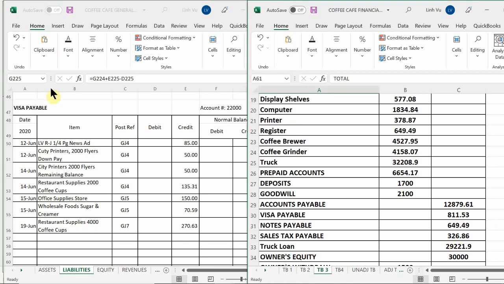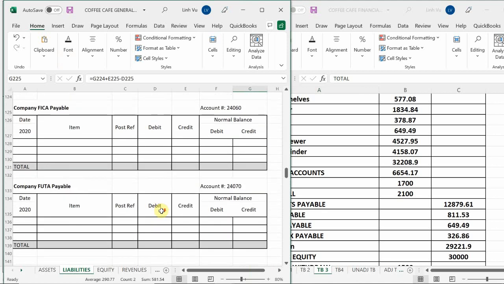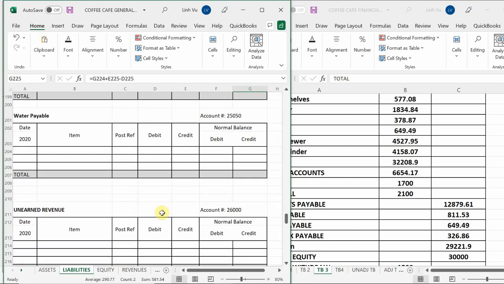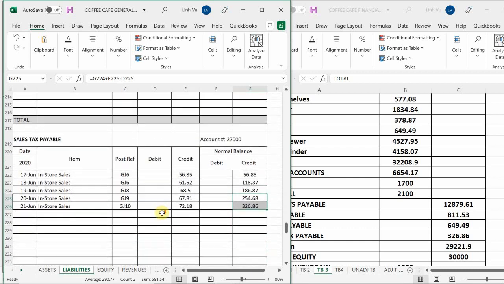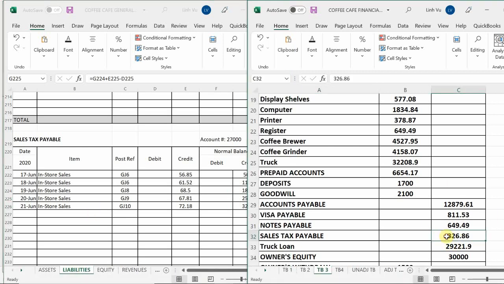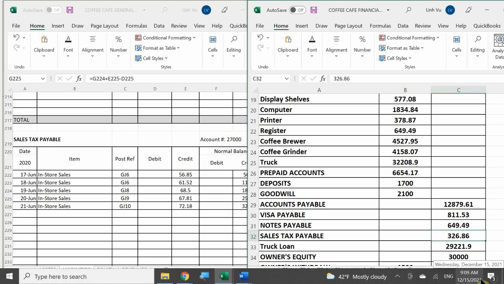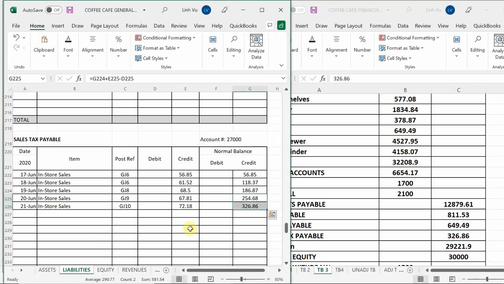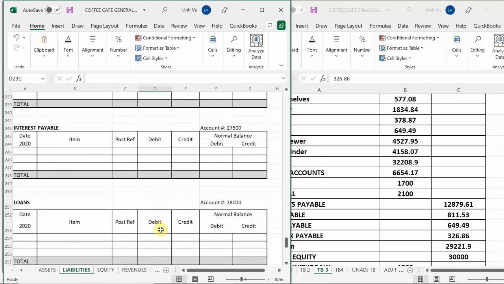Sales tax payable. Let's take a look at sales tax payable. For 72.18. Okay, so there you go. Sales tax payable is, how did I get this number? No idea. Should be for 326.86. Okay, that looks fine.